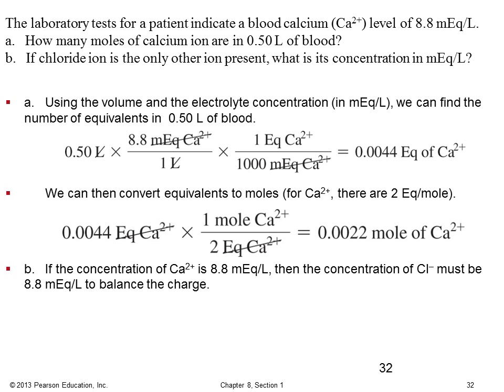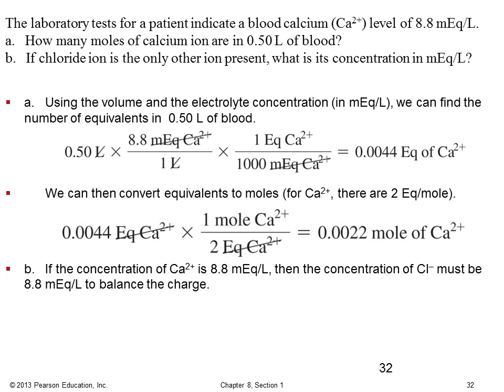We're trying to figure out the moles of calcium, and first we need to figure out the equivalents. We know that we have half a liter, and we have 8.8 milliequivalents per liter. So what we first want to do is figure out how many milliequivalents.